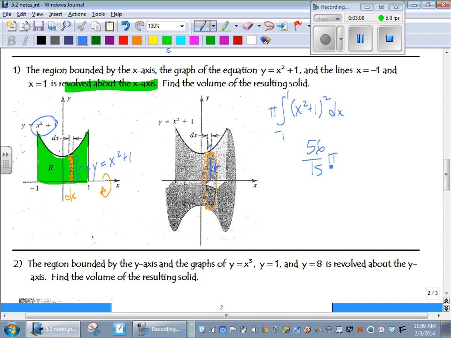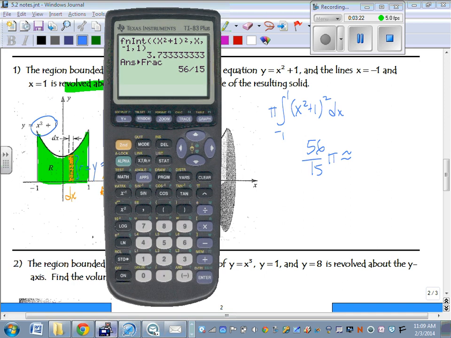Right? If this were a multiple choice question, you might have to give an answer that's exact. So you would want to be able to do that. If you put the pi inside the integral, it's not going to be exact. But you may also have to give a decimal approximation, so we can just take that answer and multiply it by pi. So we get 11.729.